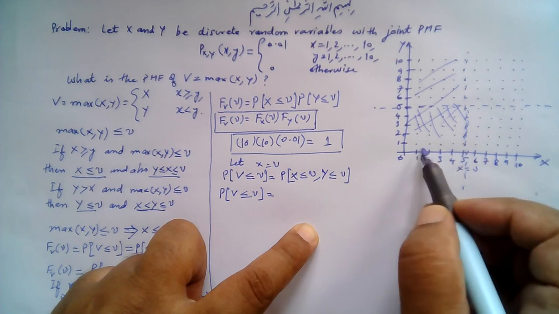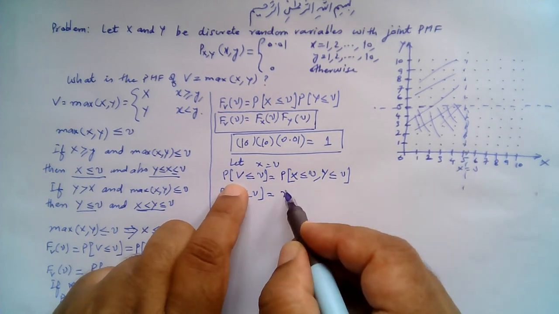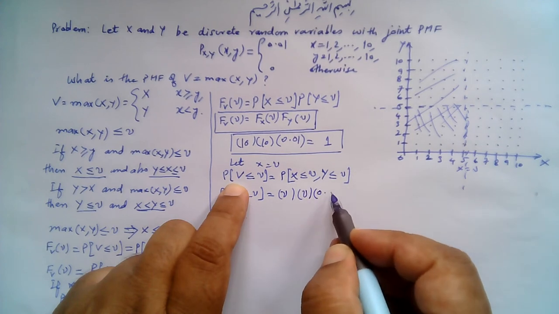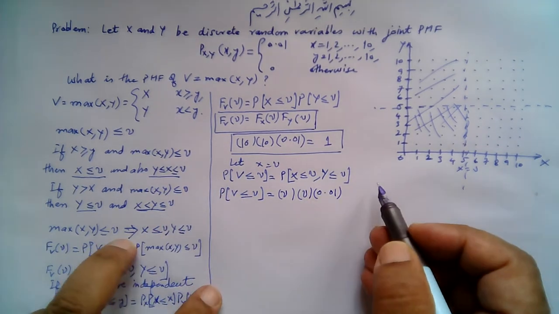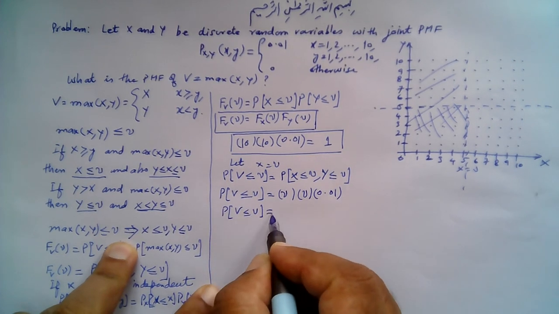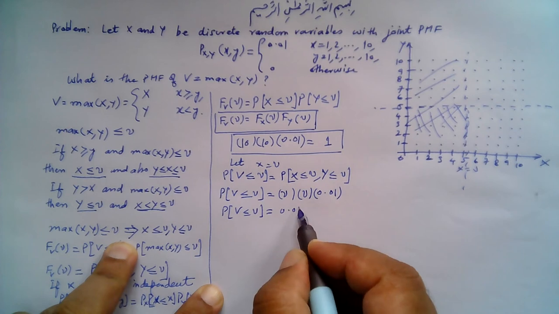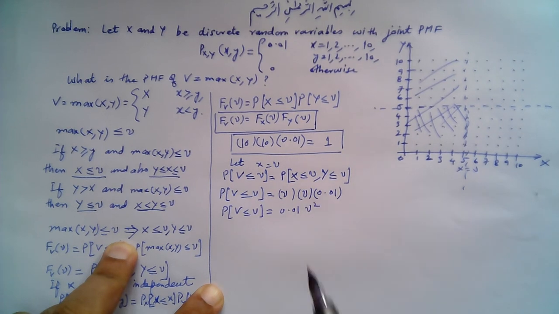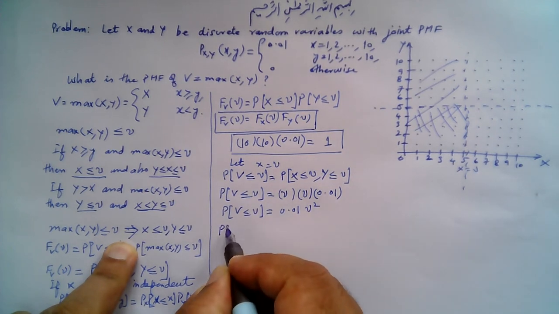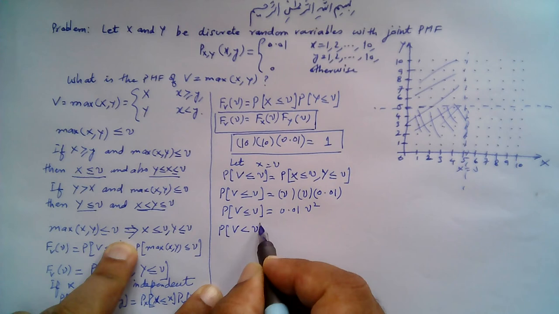So the length of this row is v, multiplied by the length of the column v, multiplied by the probability 0.01. So this comes out to be 0.01 v square, right?